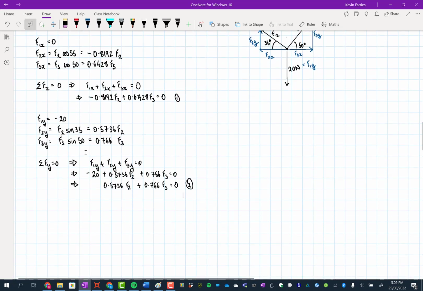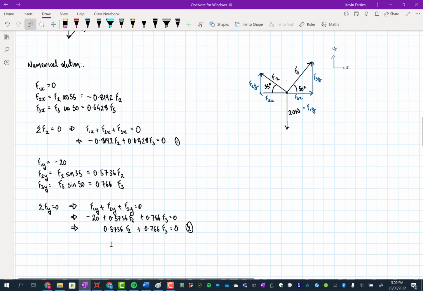So we've gone through that. We've figured out what all of the y components are in terms of the original forces, F2 and F3, just using the trigonometry again. And we've used the fact that the sum of the y components must be 0 because you've got static equilibrium. Therefore, we can just add up all the y components. We substitute in these values in terms of F2 and F3.